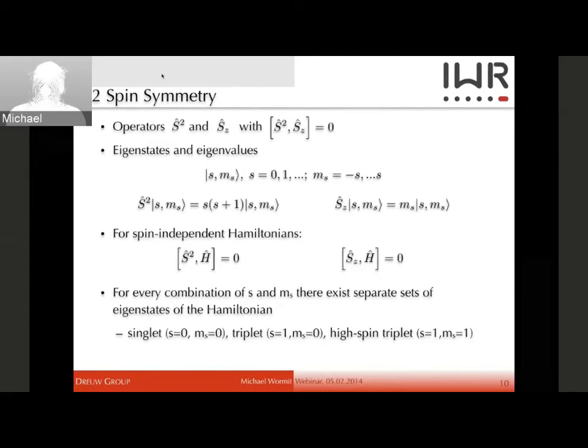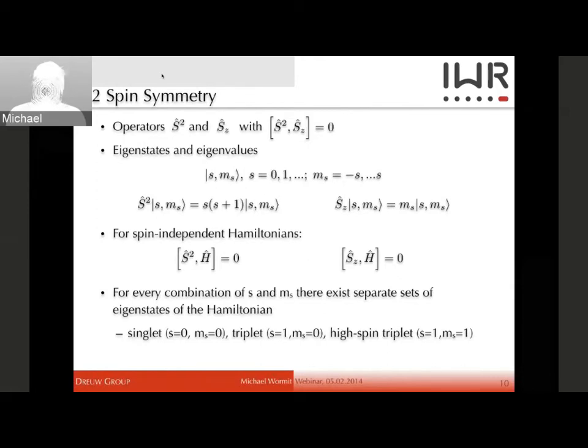And there's a standard way of doing this, and you have then usually the S eigenvalue and the MS eigenvalue, where S is the eigenvalue for the S squared operator, or almost, and MS is the eigenvalue of the Sz operator. Here I print the eigenvalue equation as well.